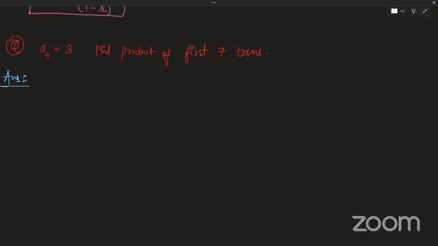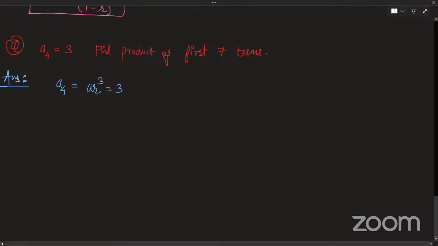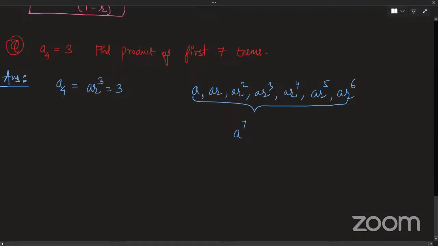See, A4 is 3, right? A4 basically means AR cube, and AR cube is 3. Product of first 7 terms: the first term is A, second term is AR, then AR square, AR cube, AR raised to 4, AR raised to 5, AR raised to 6. The product of these terms is A raised to 7 into R raised to 21, right?